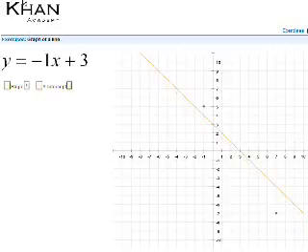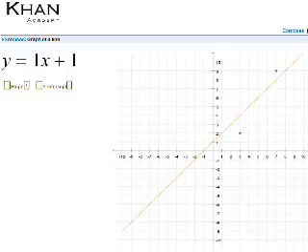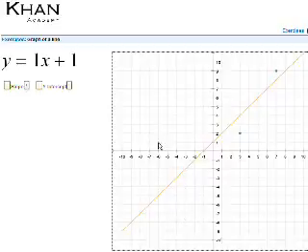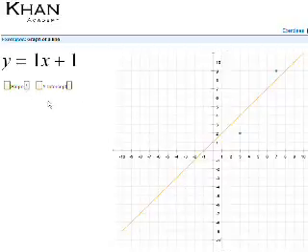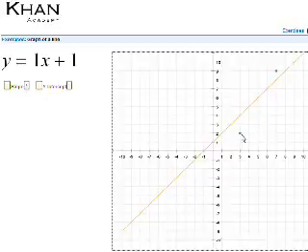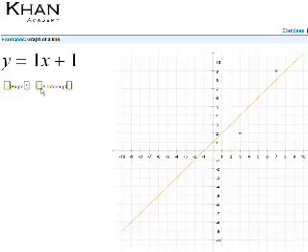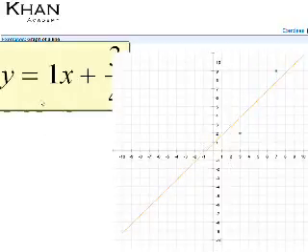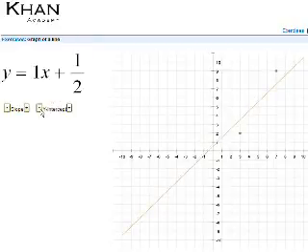Let's do another one. I just want to see what happens on another graph, because it actually depends on the actual problem. Okay, this is interesting. This is the same thing. We start at the same point. Let's actually try to figure out the equation of the line that goes through these 2 points. Well, let's see. It looks like the y-intercept's going to have to be a little bit lower. Why? I didn't know it would do that.